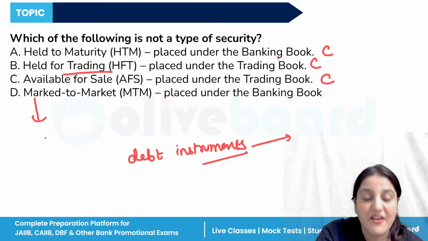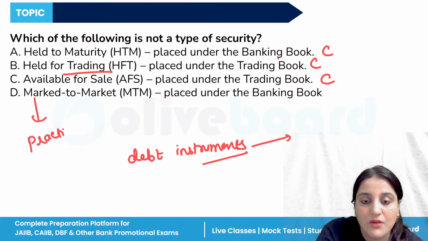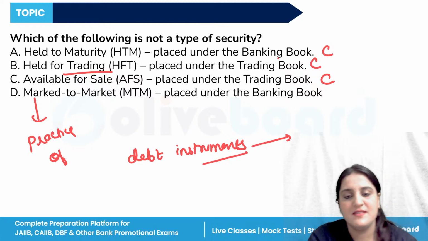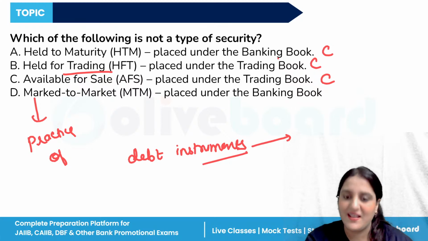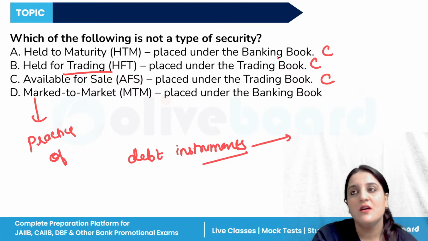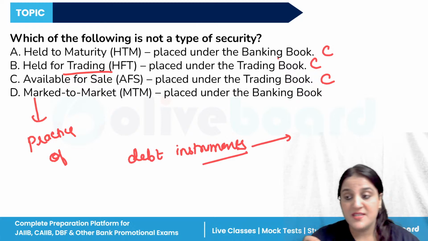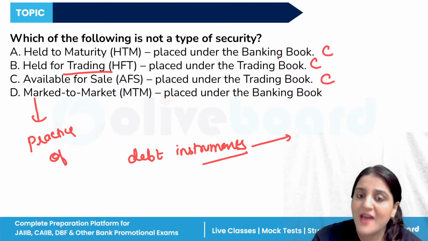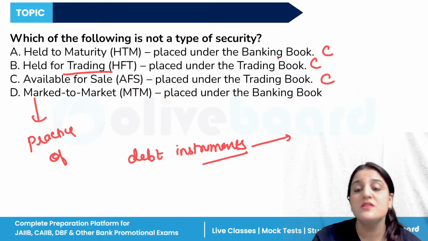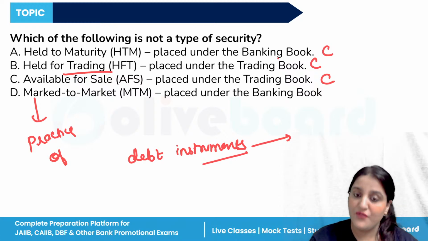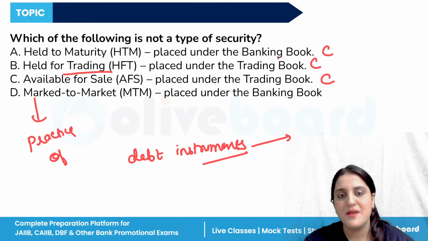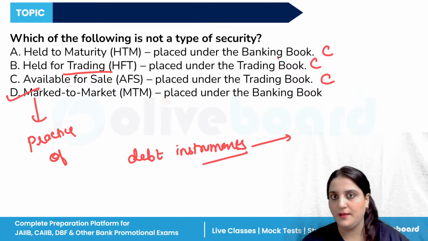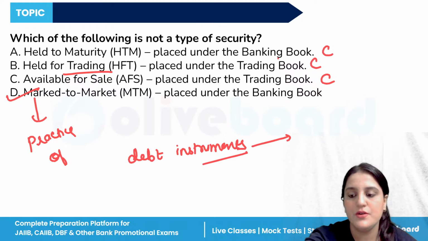It refers to the practice of valuing assets based on their current market price. Securities in the trading book are marked to market, not those in the banking book. So statement D is not a type of security. That means option D is correct. Understood?